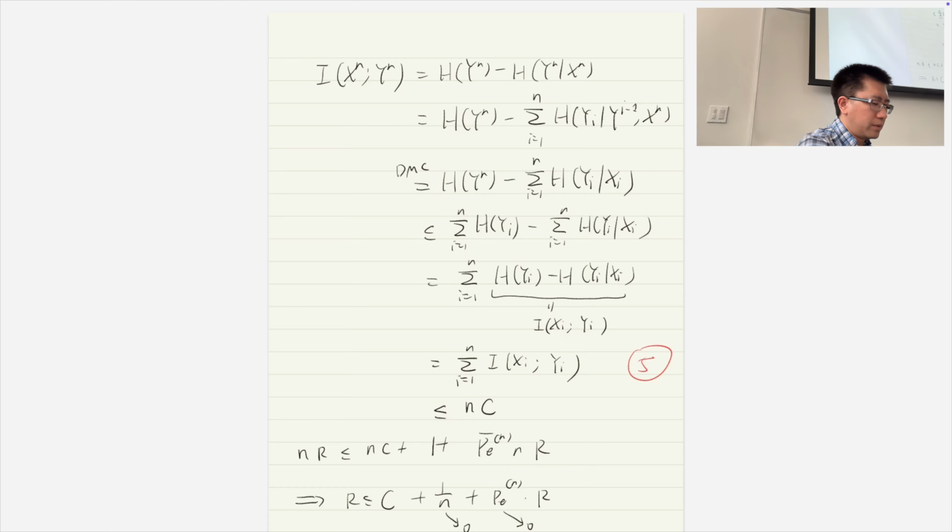So basically, what we mean here is, let me use a different color. So the definition is this guy has to be equal to, oh, I wrote it in reverse. Y^n given X^n equals the product of Yi given Xi, right?